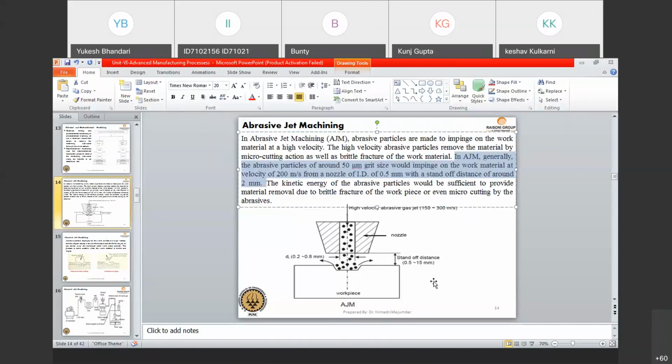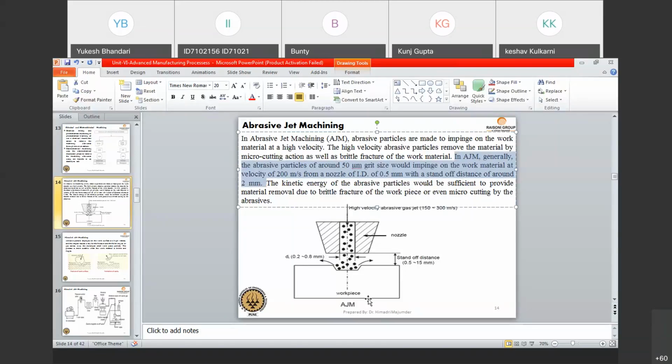In abrasive jet machining, the stand-off distance should be 0.5 to 15 mm, depending on what type of grit size you are using.